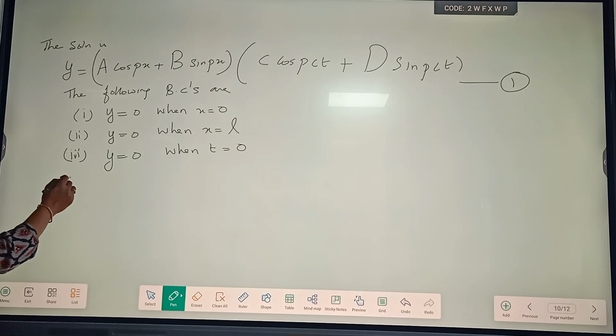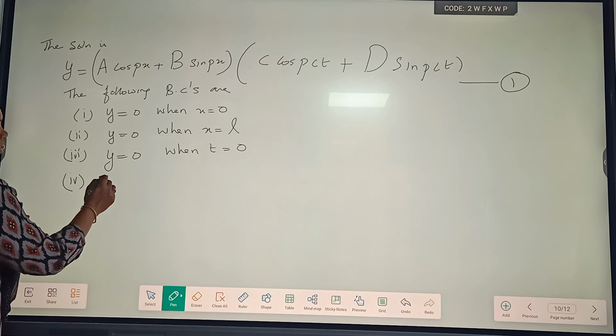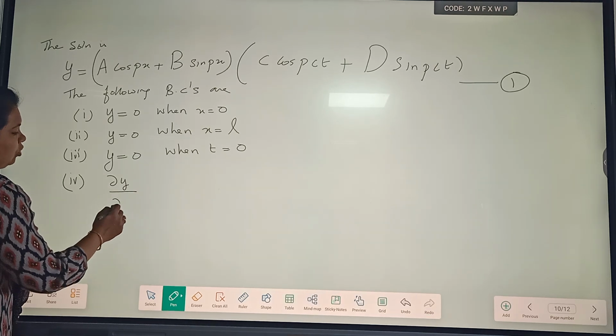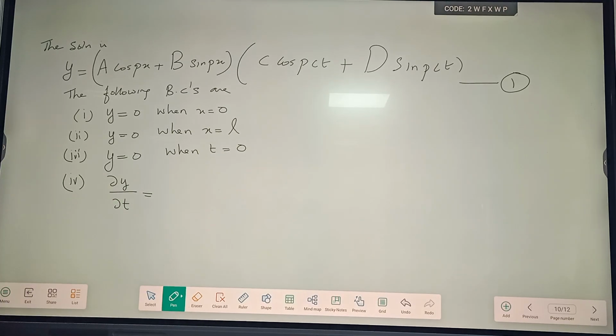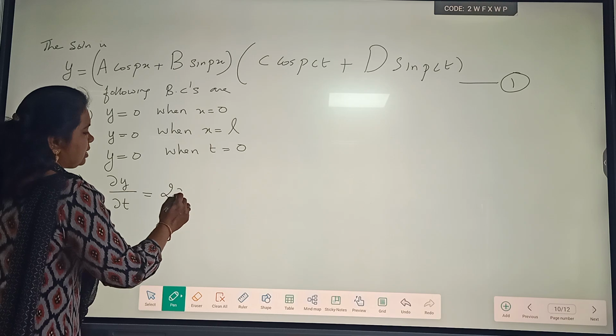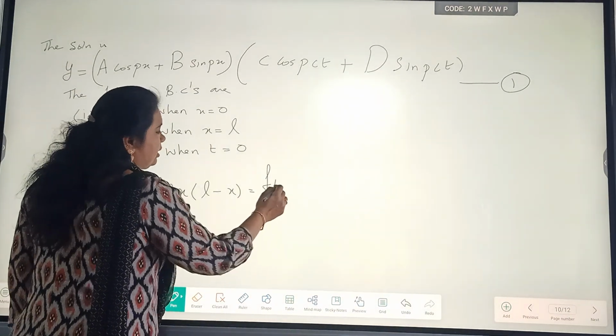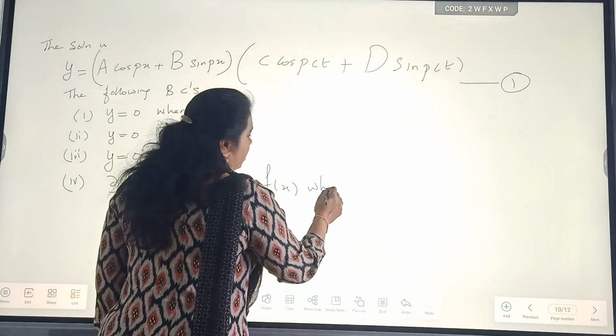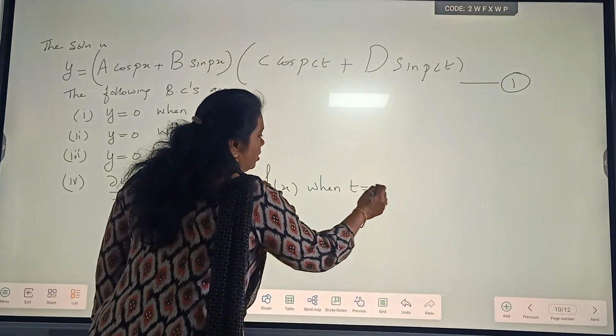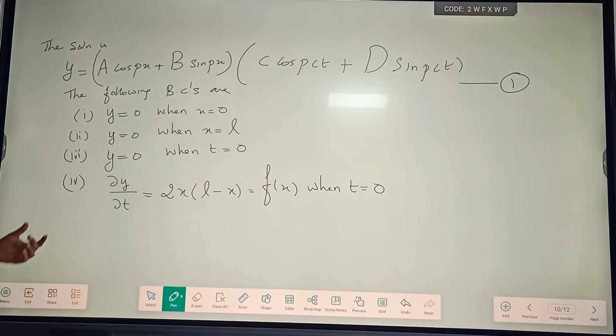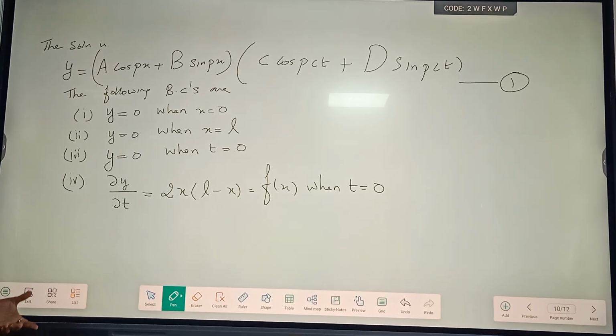But the fourth is the equilibrium position: the initial velocity is given as del y by del t equal to 2x into (L minus x), which is f of x when t equal to 0. This is the only change you can find when you compare with zero velocity.